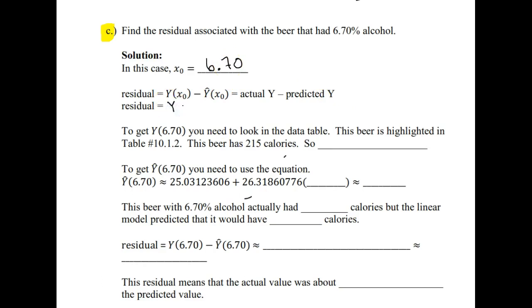So we're going to take the actual value of y that we saw in the data minus the predicted value of y that the equation would give us if we plug in 6.70. To get the actual value of y when x is 6.70, we need to look in the data table. That is why we have that particular beer highlighted.